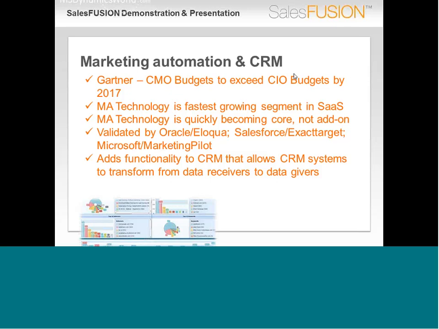And Gartner sees that, and realized that if companies are going to be successful in selling, they have to acquire the technology to keep pace with how people buy products today. That's ultimately what's driving this rapid adoption of marketing automation technology, which is arguably the fastest growing segment in SaaS. It's becoming a core product to CRM, and you look no further than the news and see that Oracle purchased Eloqua, Salesforce purchased ExactTarget/Pardot.